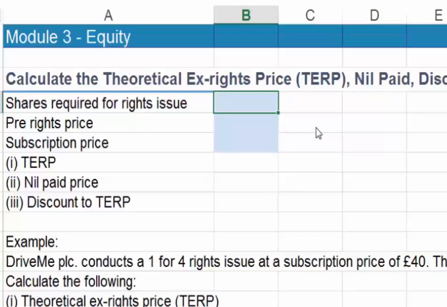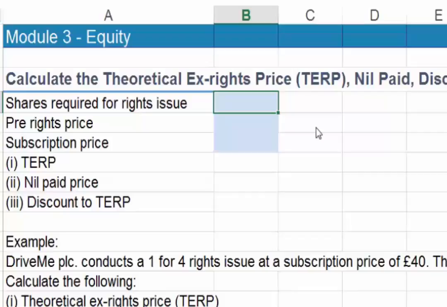You need the pre-rights share price. We know here that the current share price in our example is going to be £60. So that was the price before the rights issue was declared. And then the subscription price is the discounted price. You'll remember that the rights issue is awarded at a discounted price. That makes it look a bit more attractive for the shareholder.